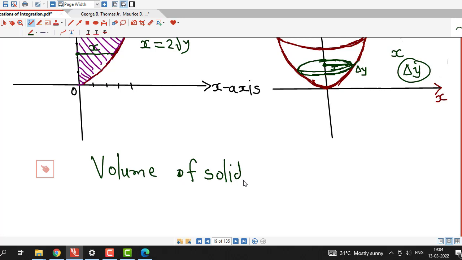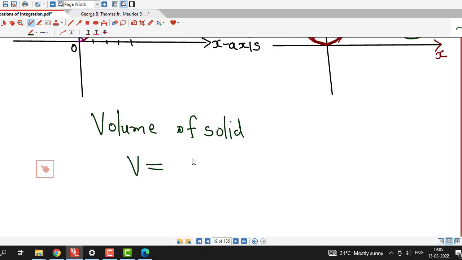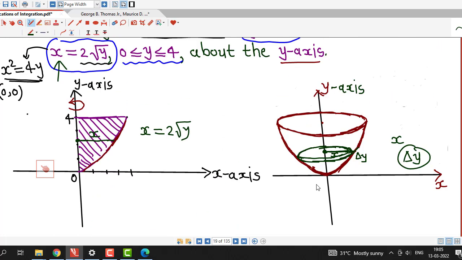The volume of the solid is denoted by V, and it is equal to the integral of pi x square with respect to y, and the value of y is between 0 and 4. Okay, that we can see here. At this point the value of y is 0, at this point it is 4.